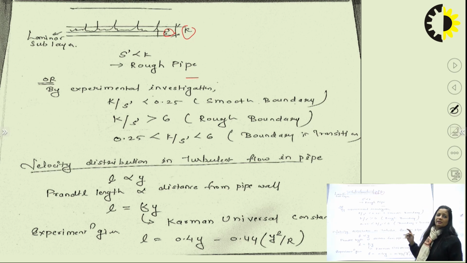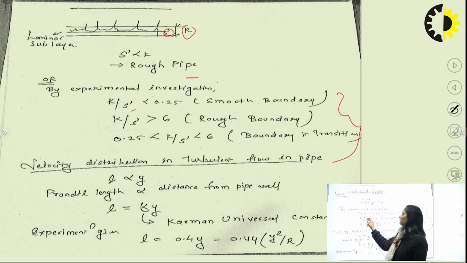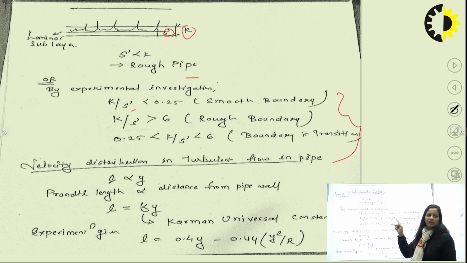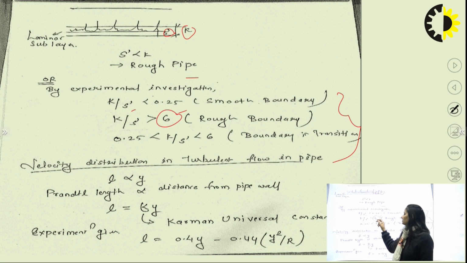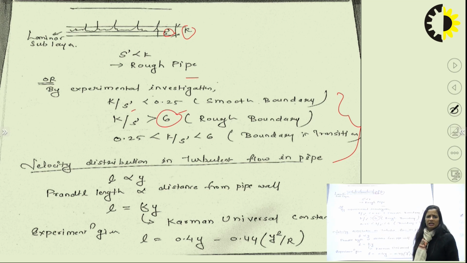There are also some expressions given by experimental investigations: if K by delta dash is less than 0.25, this will be your smooth boundary. If it is greater than 6, then it will be your rough boundary. If it is in between 0.25 and 6, the boundary is in transition.